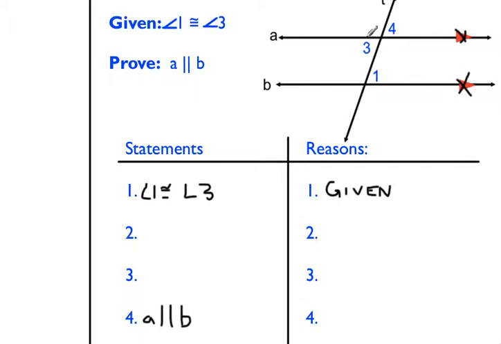But I do know that vertical angles are congruent, so I know that angle 4 and angle 3 are congruent, because vertical angles are always congruent.